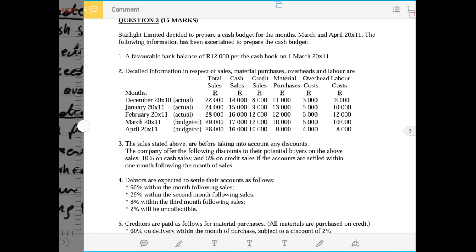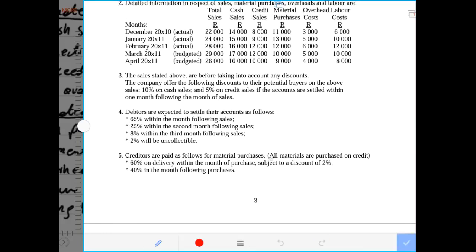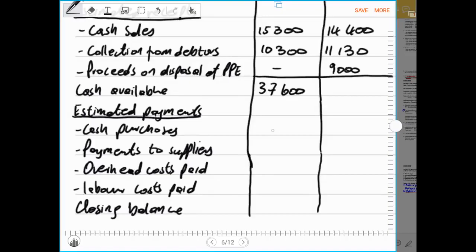Was there any cash purchase of material? There was no cash purchase of material, because they told us that all materials are purchased on credit. So for the first line item, there is no recording. All the material was bought on credit.